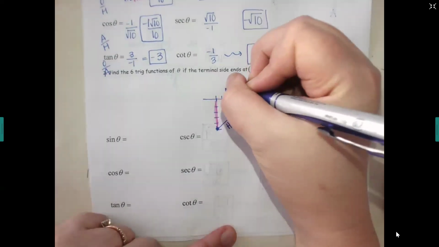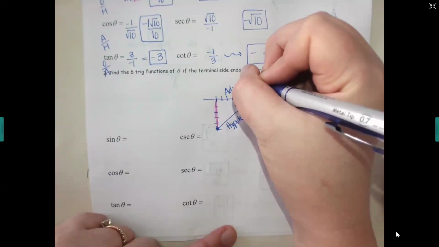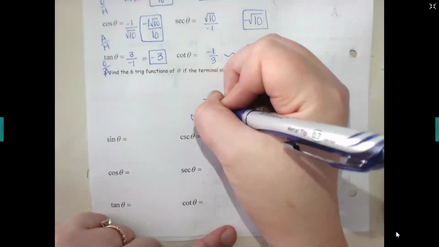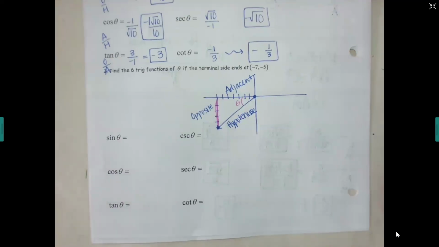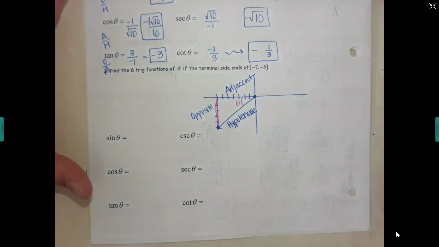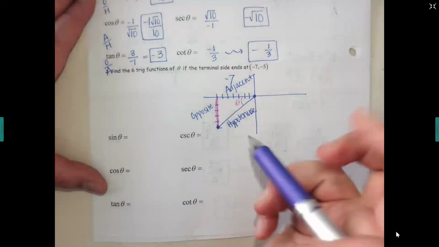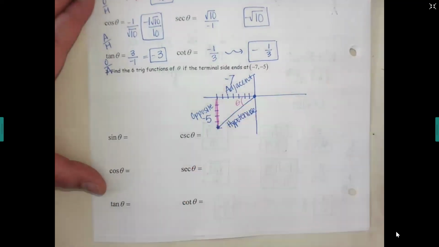The adjacent will be the x-axis. And then the opposite will be how high or how low. For the -7, -5, where will we place the adjacent? Which number? Adjacent will get the -7, and then opposite will get the -5.